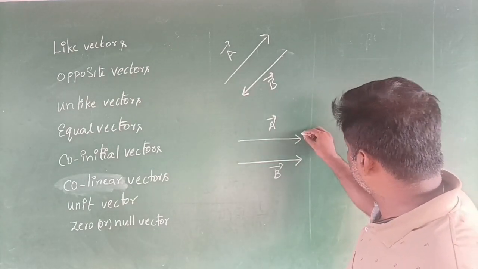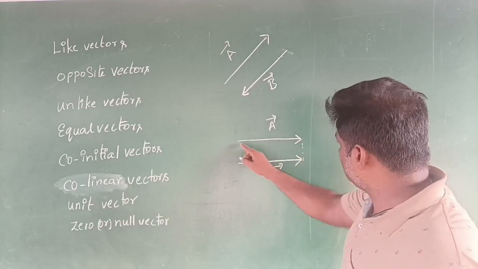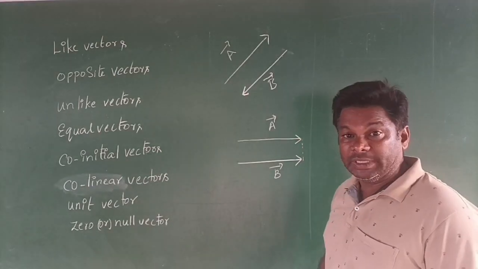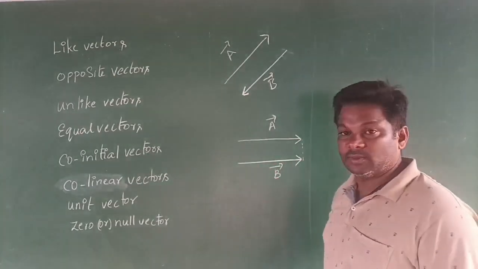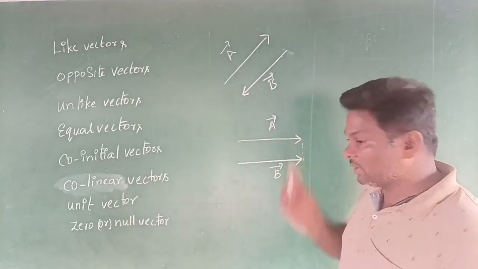Equal vectors. Observe the sizes. When you measure, this may be up to 20 centimeters. Observe here, this is also up to 20 centimeters. Then we are calling these two equal vectors.